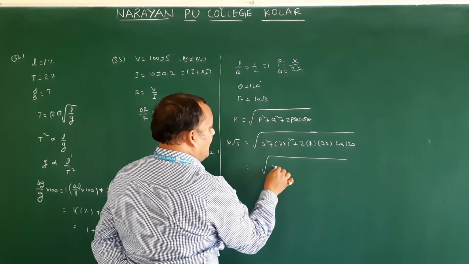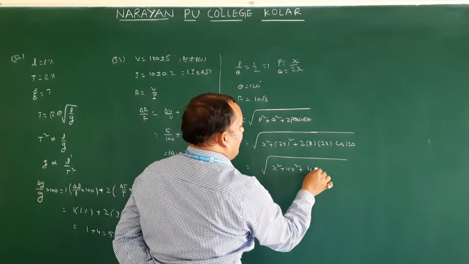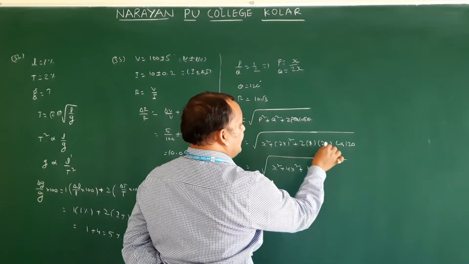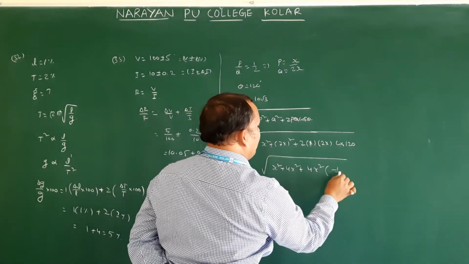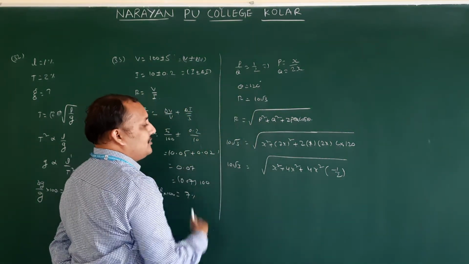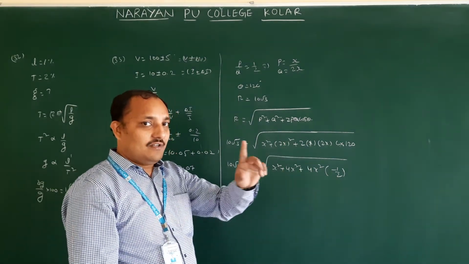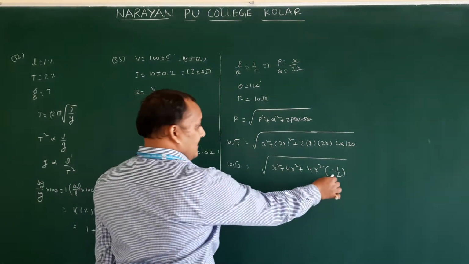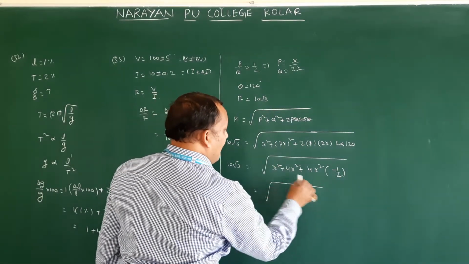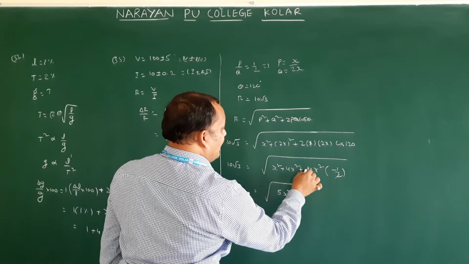That is x square plus 4x square plus 2 into x into 2x, which is 4x square, times cos 120. What is cos 120? Cos 120 is minus 1 by 2. I told you already, this is the third or fourth time cos 120 is coming; it will be there in mathematics. So x square plus 4x square, 5x square, and the 1 by 2 will cancel.